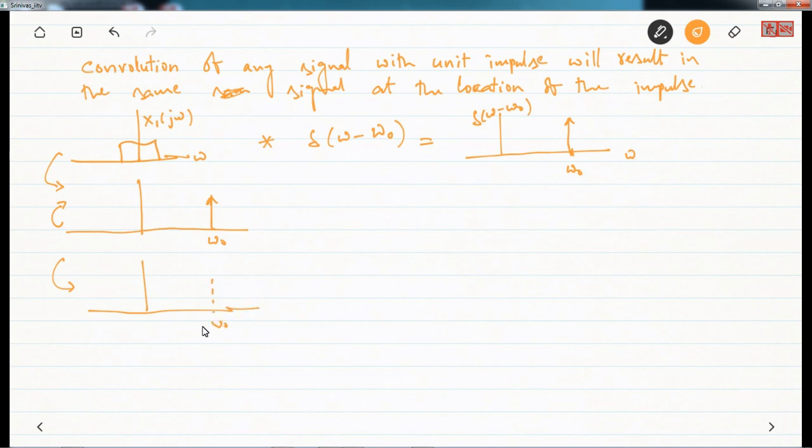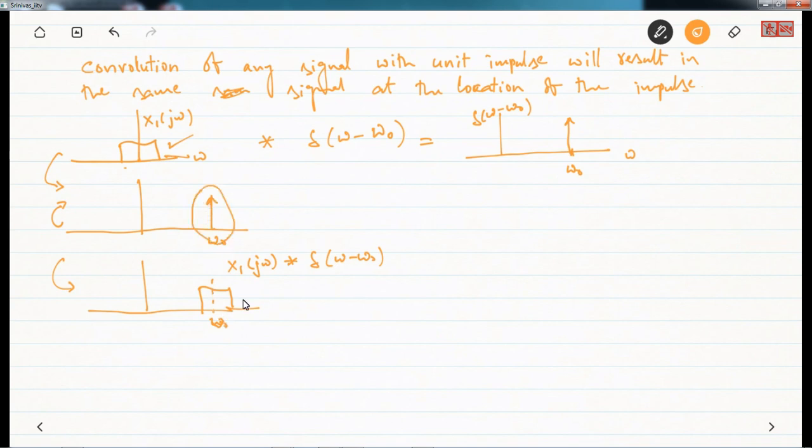So this is omega naught, and centered at omega naught this same signal will reappear, right? So this is X1 of j omega convolved with delta of omega minus omega naught. So whenever you have impulses, your convolution integral will be very easy. The original signal will reappear at the location of this impulse.